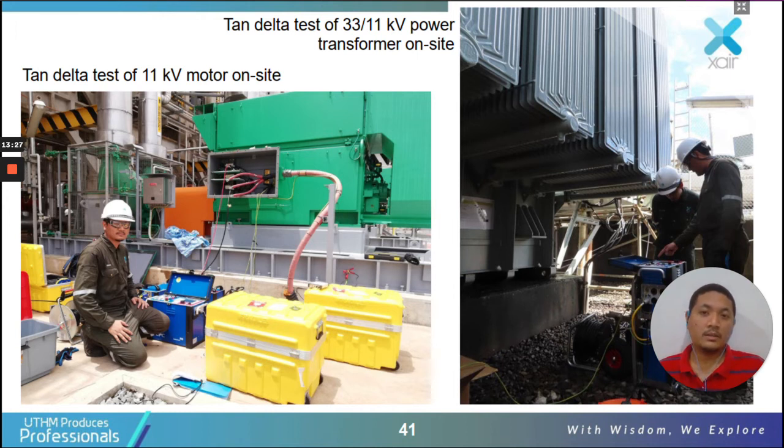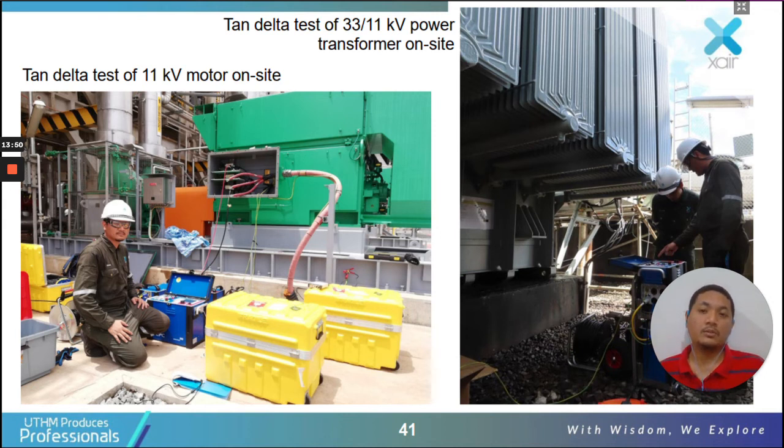You can see it is a 3-phase motor, 11 kV, a high voltage 3-phase motor. The 11 kV cable is connected to the terminal of the motor. Here we have red, yellow, blue, or usually for a motor we use the terminals UVW.